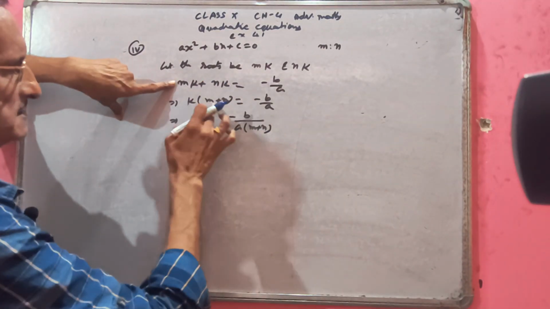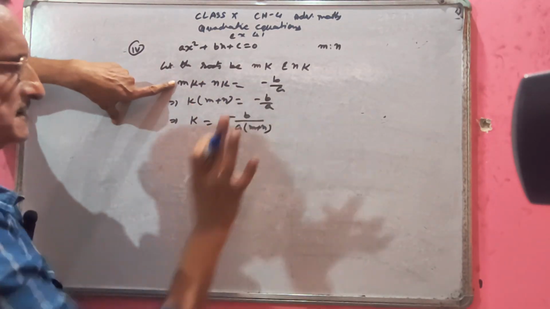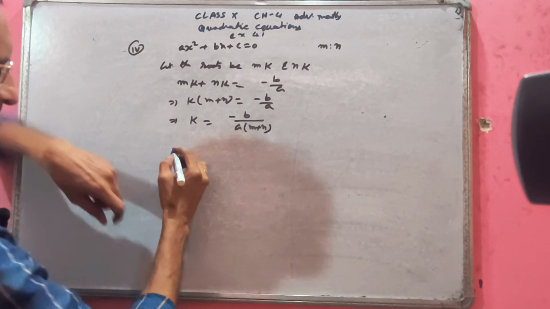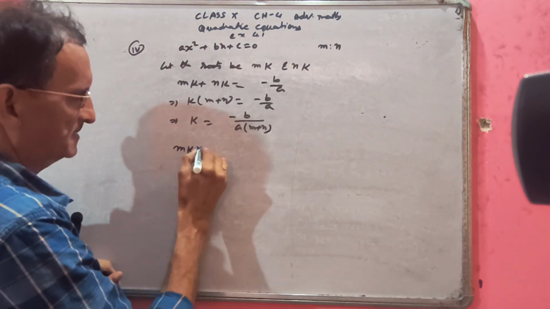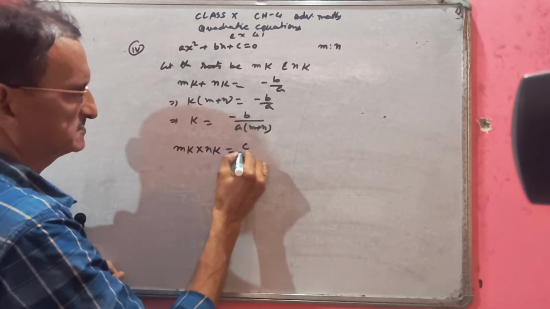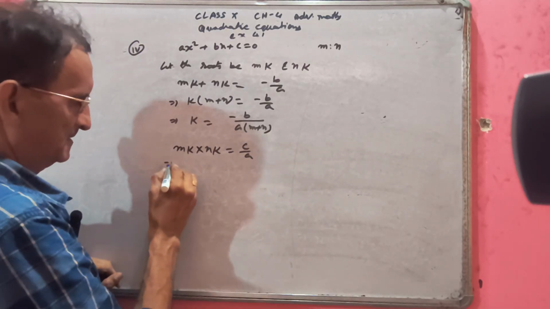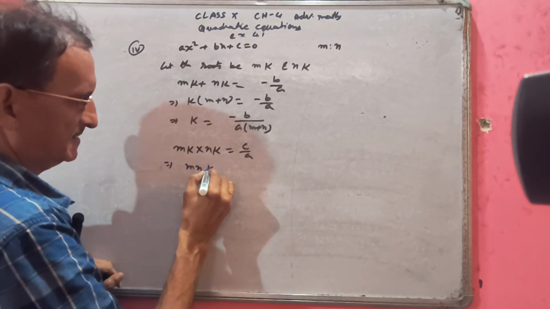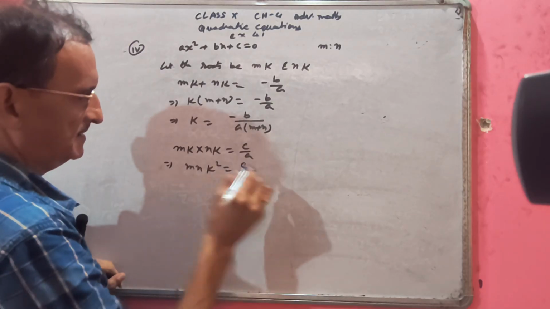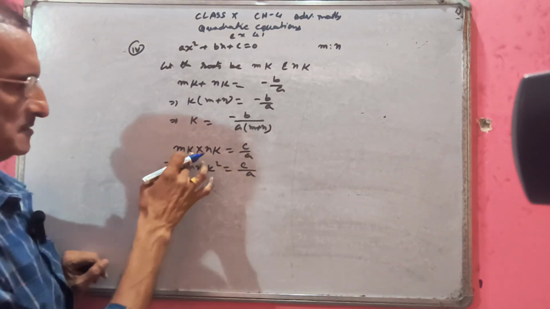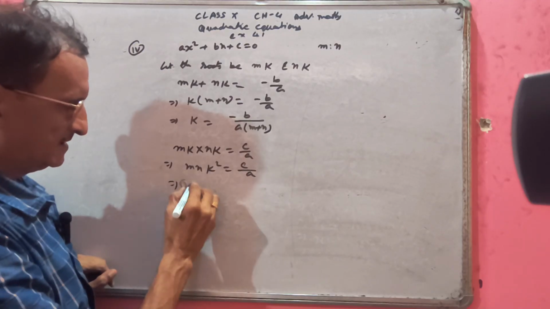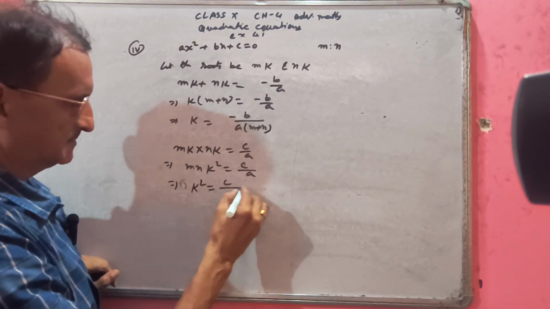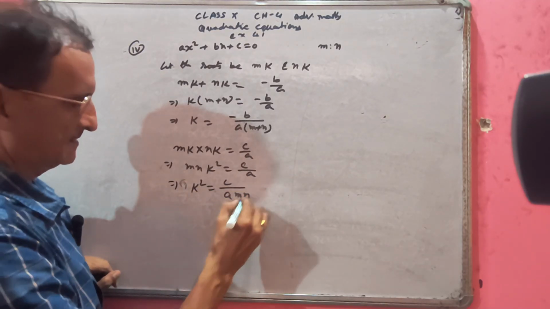This is from the sum of roots. Now go to the product of roots. Mk into nk equal to c by a implies mn k square equal to c by a. So k square is equal to c by a mn.